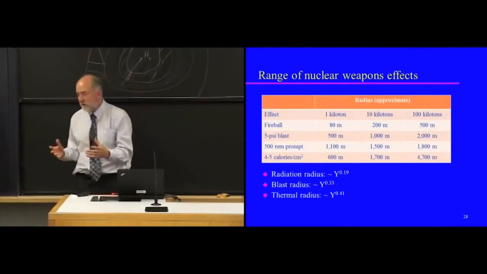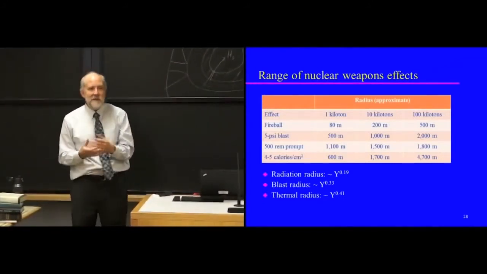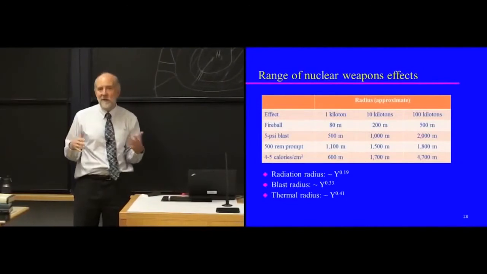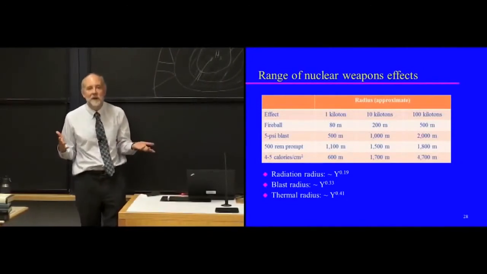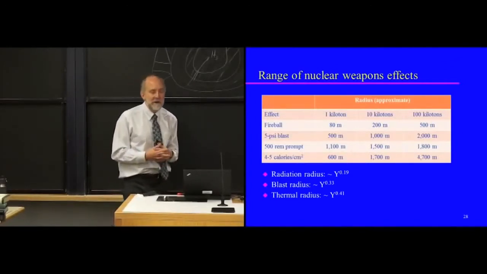So the fireball, there's the blast. Let me talk about the blast for a little bit. The blast is basically a big shock wave like you would have from a conventional bomb, only it's much bigger over a much broader area.